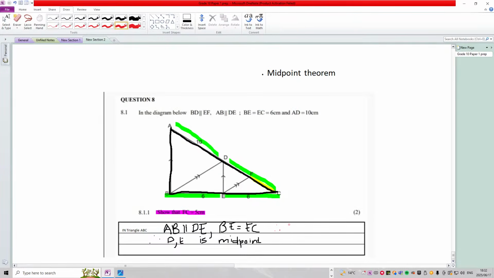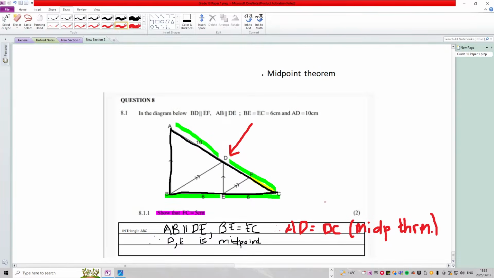Therefore, AD is equal to DC. Our reason there is midpoint theorem. We can only use this reason once we establish that D is the midpoint, and we've established that with the previous calculations.